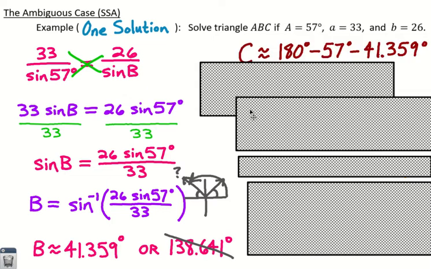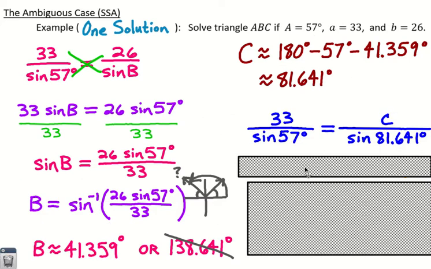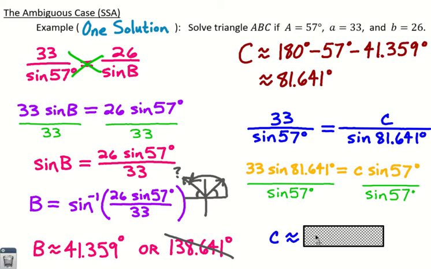Anyway, so the rest of this, we can now find angle C. Now that we have a second angle, we can find our third angle, like so. And we can find the third and final side C, now that we know that angle C is approximately that.